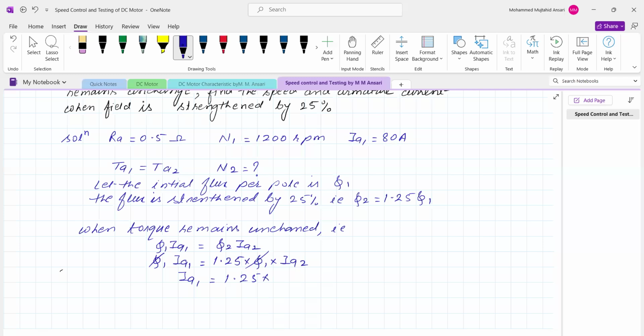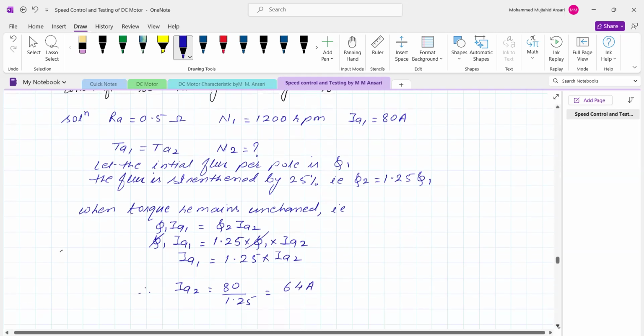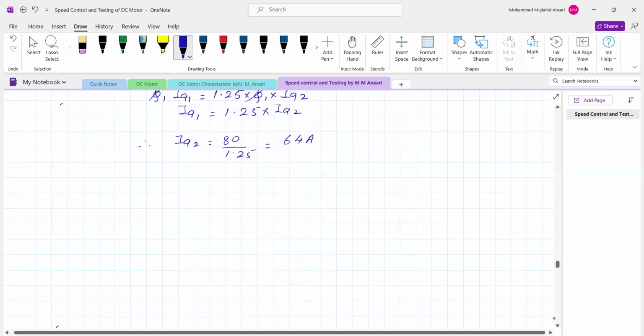Therefore, IA2 is equal to 80 divided by 1.25, equals 64 ampere. So we come to know the value of current.